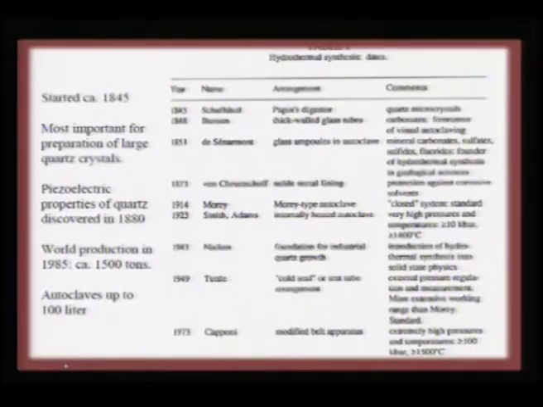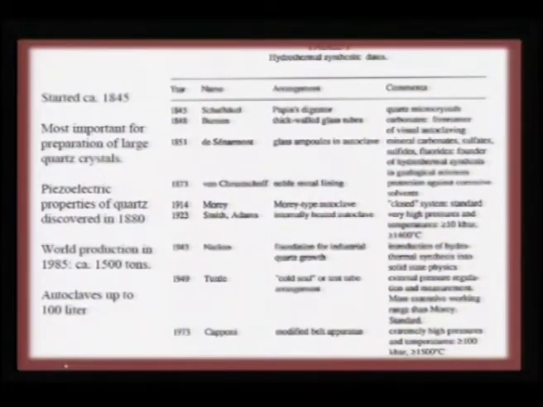Now, I just want to take you back into a little bit of the history and show some examples of the earlier work before we go into examples. Hydrothermal synthesis was first explored in 1845 by Schafhaeutl, who was the first one to make quartz microcrystals, using glass tubes as pressure vessels.